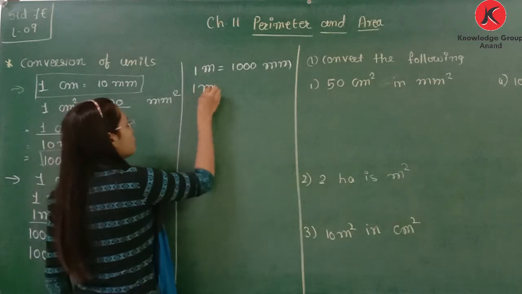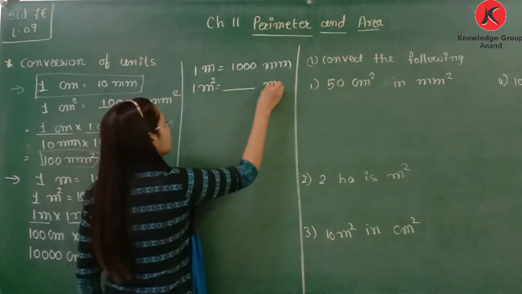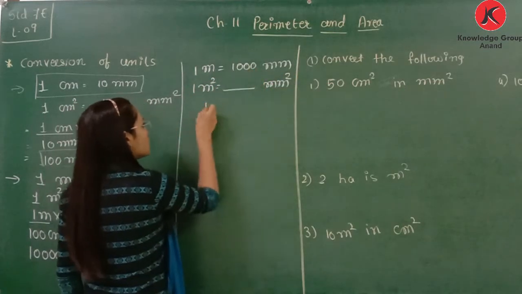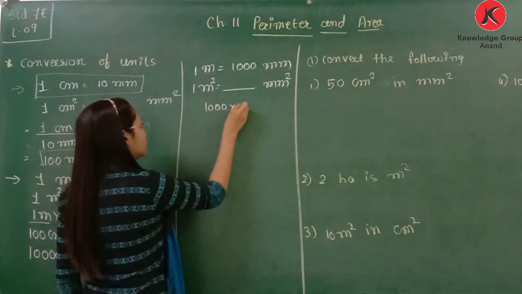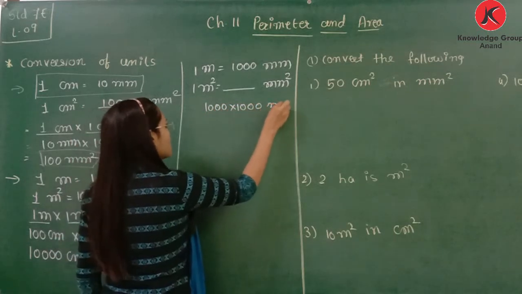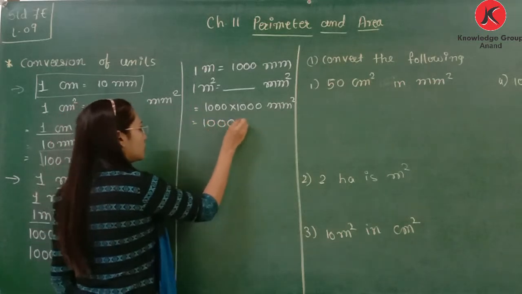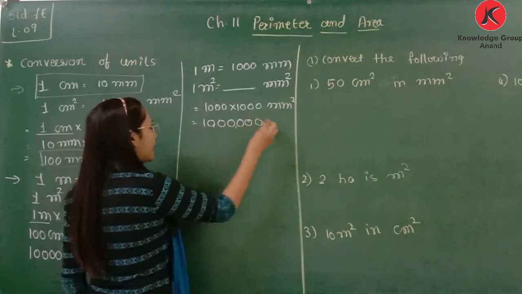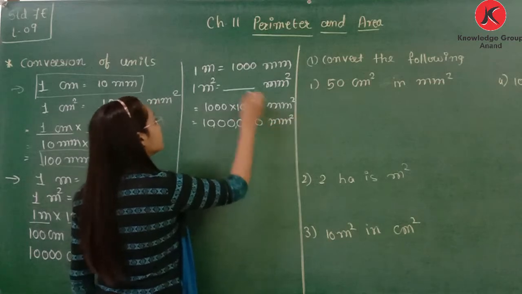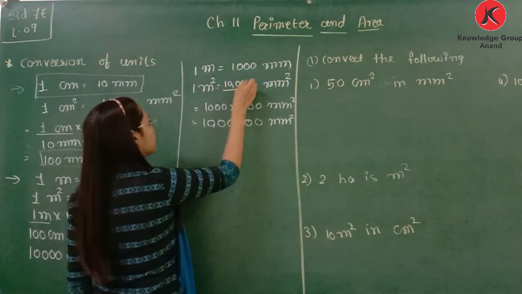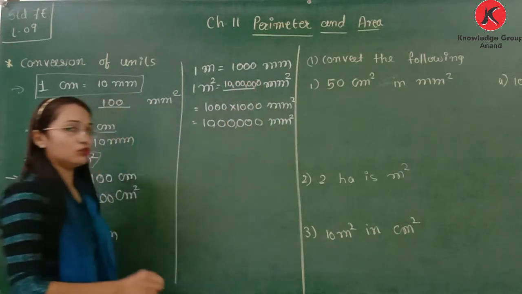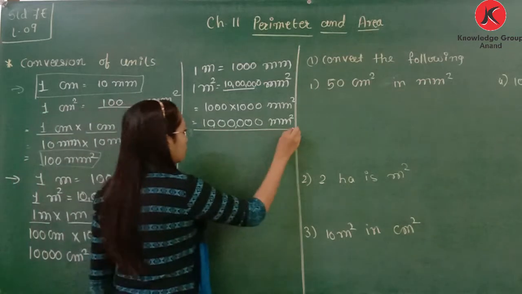So 1 meter square will be what? It is 1000 multiply 1000 mm square. So that will be 10 lakh mm square. You also need to remember this.